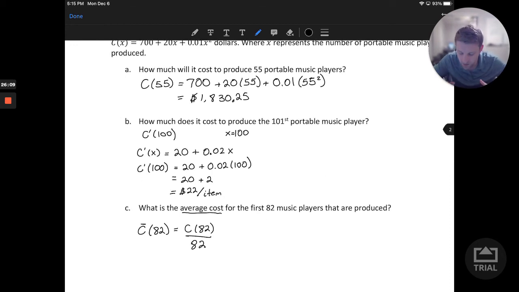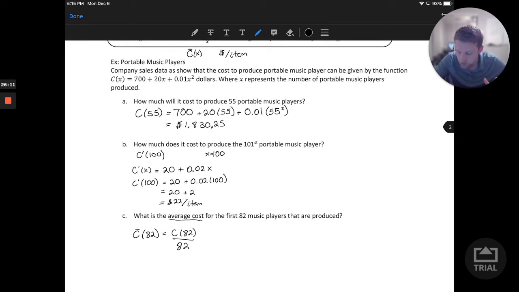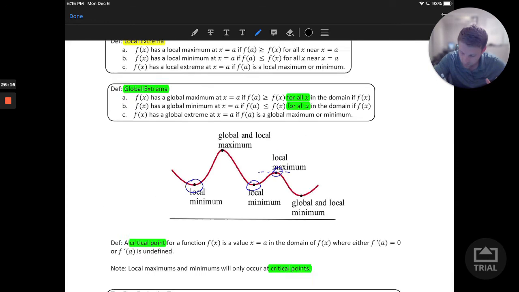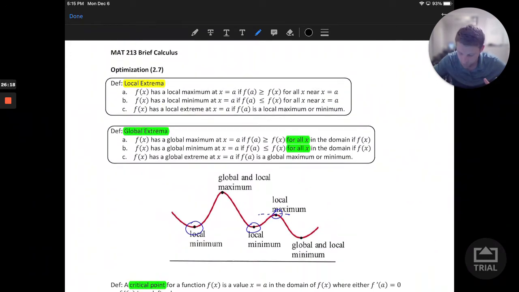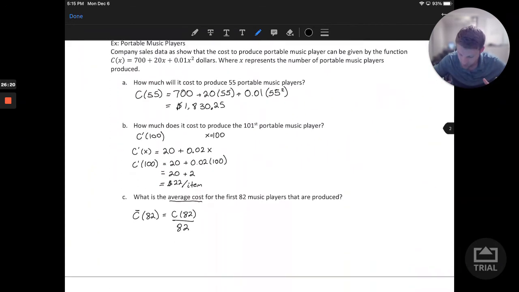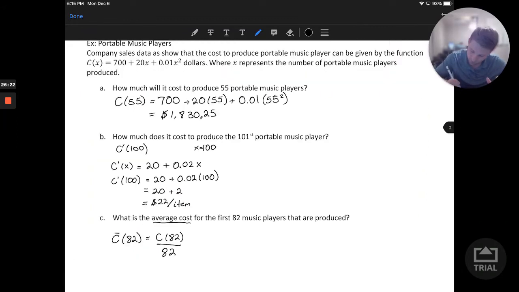So we can go ahead and again evaluate our original cost function, C of 82. That's the function on the top here at 82. If you go ahead and calculate that C of 82 value, you can calculate that here to be $2,407 and 24 cents.